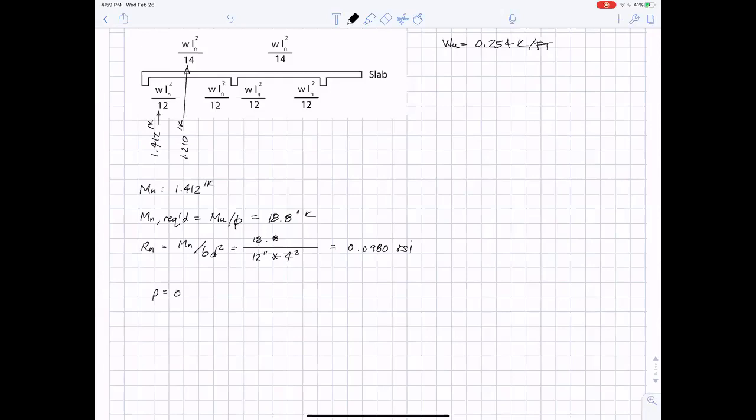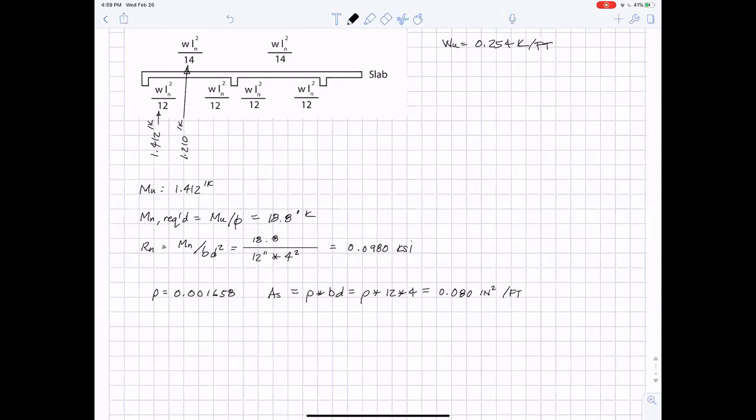Rho equals 0.001658, and AS per foot is rho times BD, rho times 12 times 4. So that's 48, and it's 0.080 inches squared per foot.